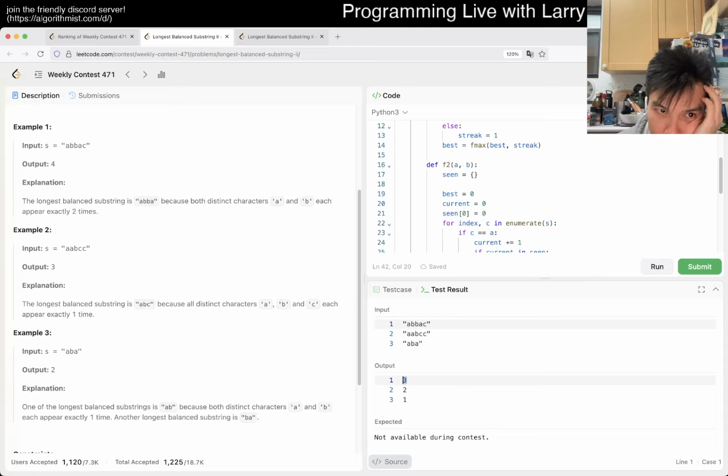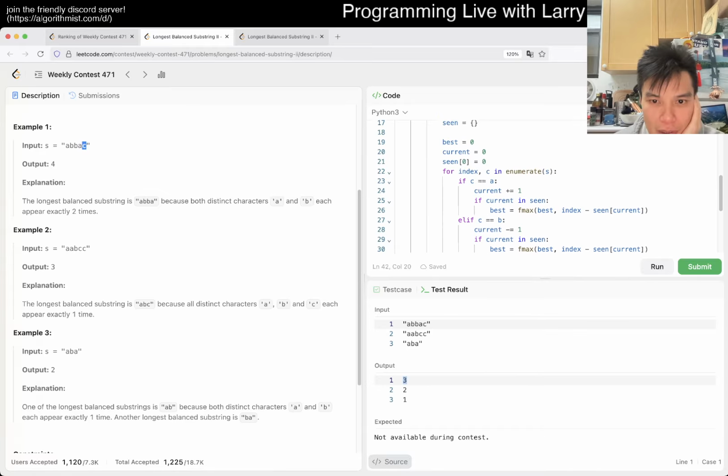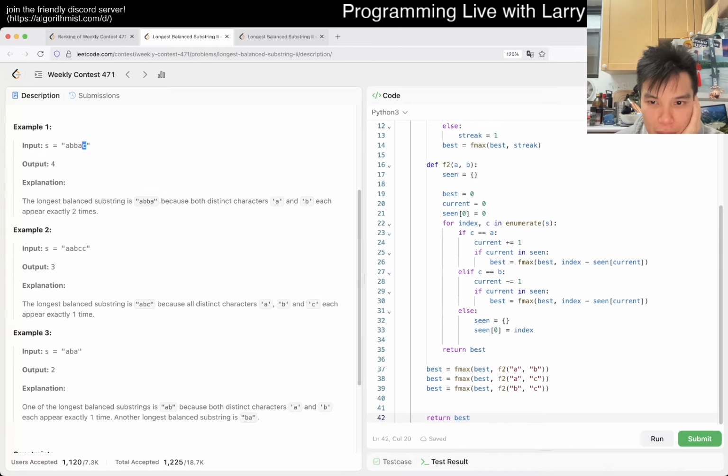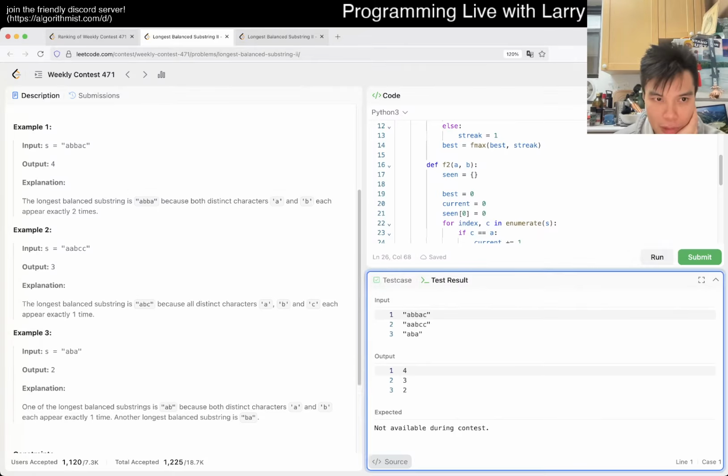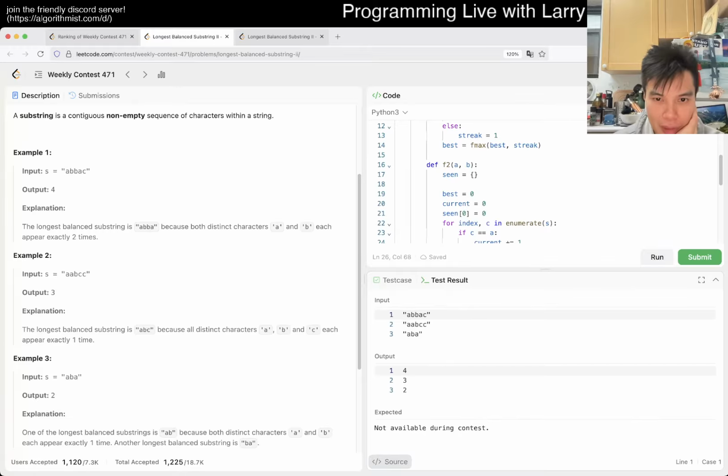No, this should be... Oh no, there's a 4. Wait, why does it give me 3? Oh, is this +1? Okay, so this is good, but actually this 3 doesn't even make sense really. Where does the 3 come from?